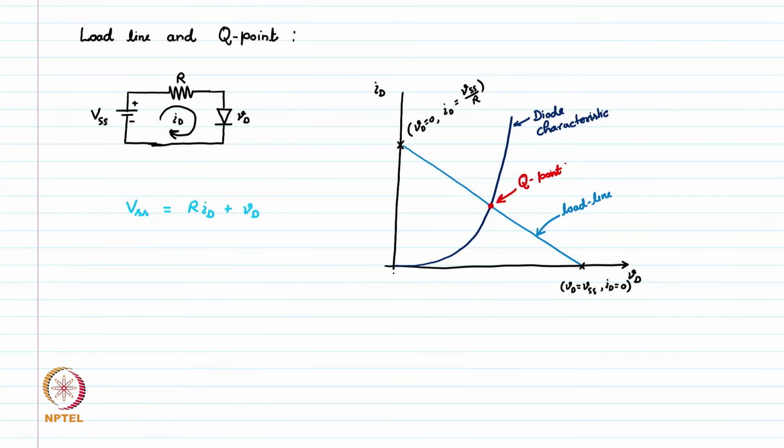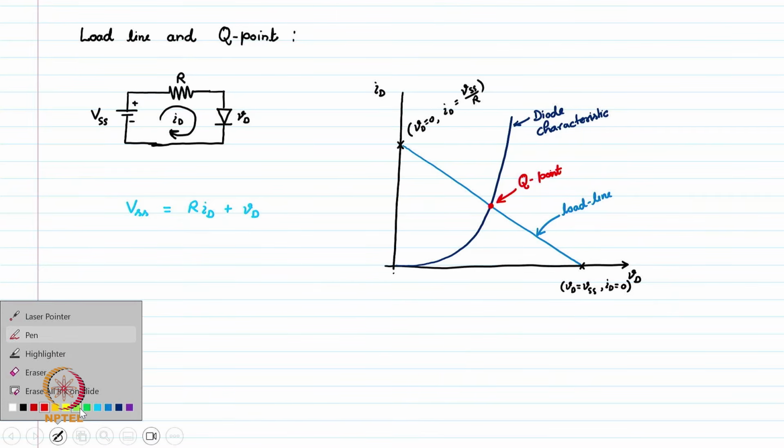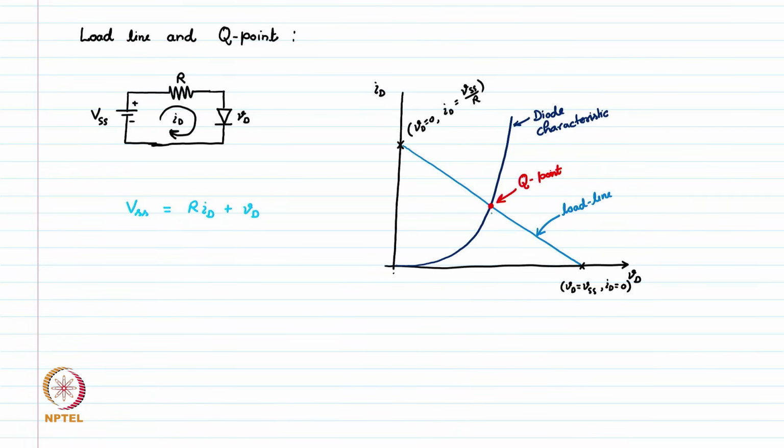Now if we apply a signal on this circuit, any voltage change we apply across the diode is going to disturb this Q point. So the Q point will also move like this, and this is what the input and output characteristic is.